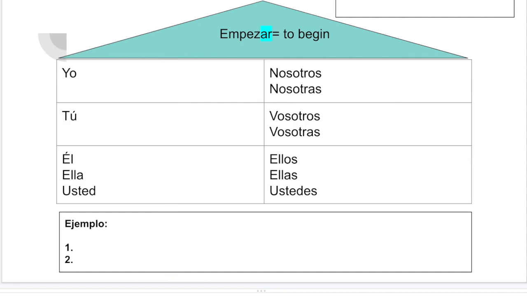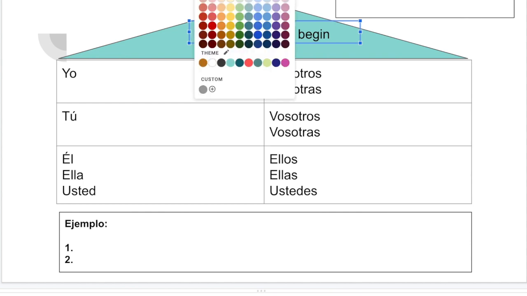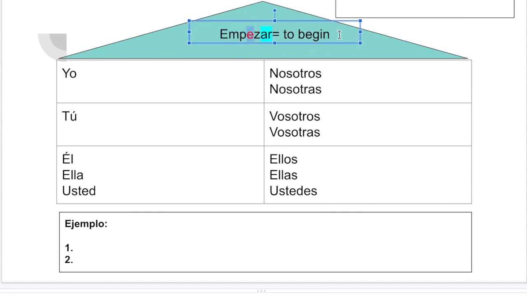Now, another verb, empezar. Empezar means to begin. And in this one, we have an E. And in this case, we have to again add an I before the E in the stem.